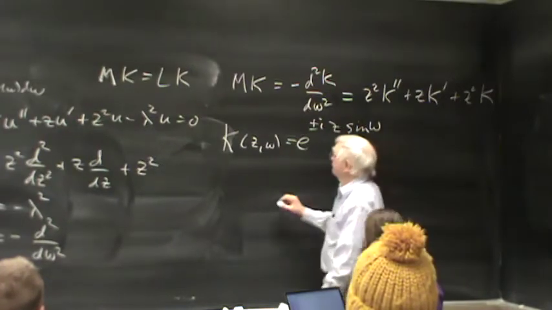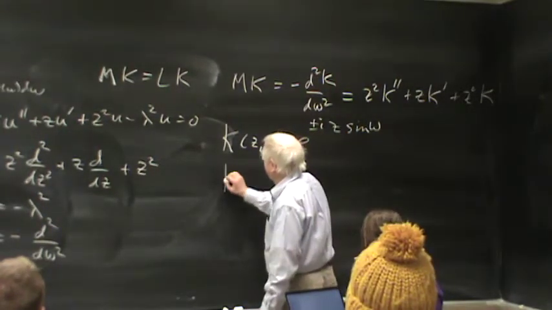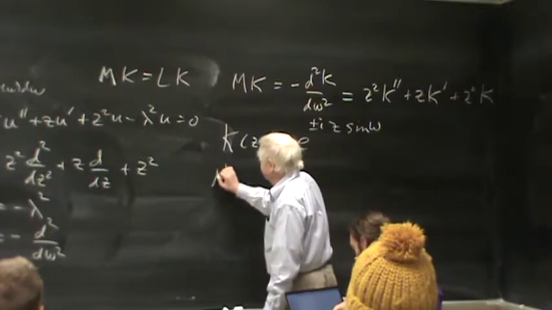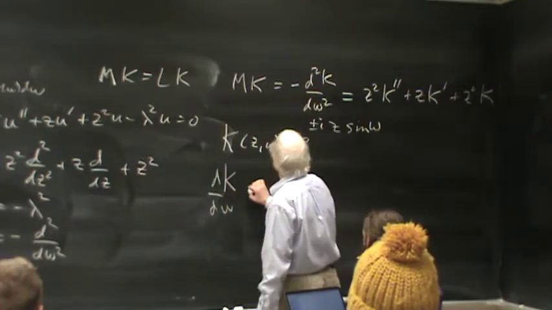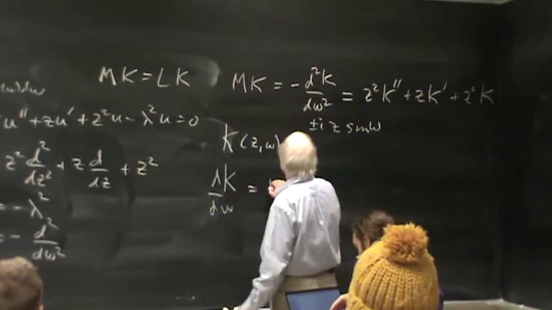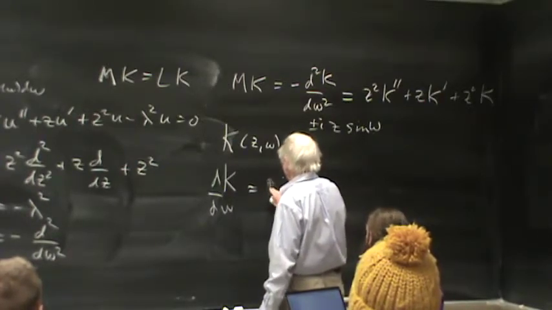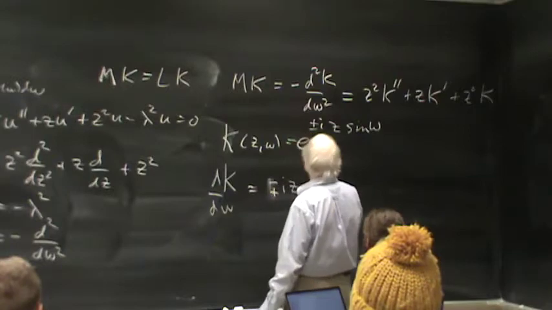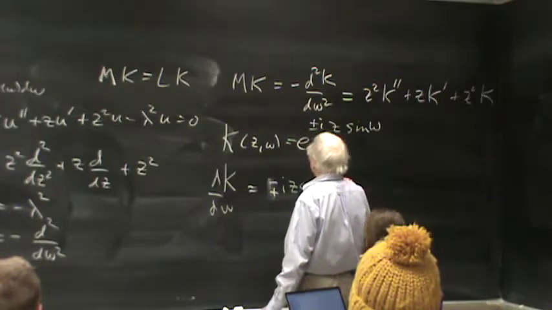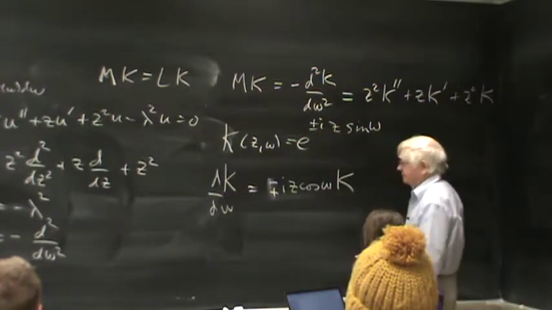In other words, dK dw is equal to plus or minus i z. In fact, it's actually minus or plus i z cosine w times K.